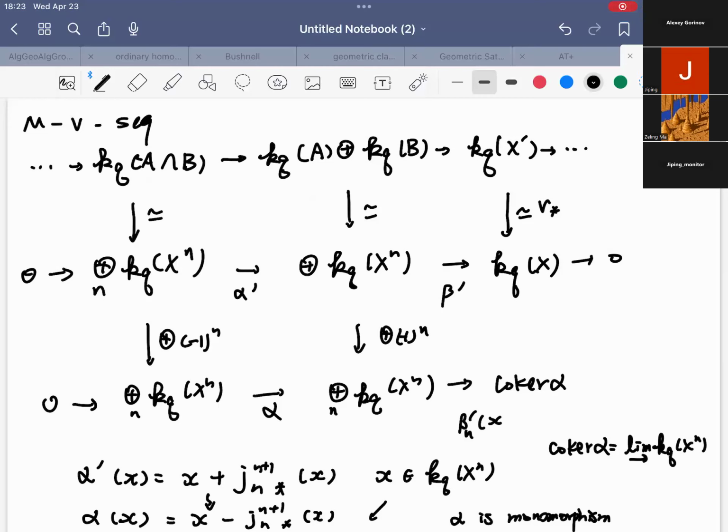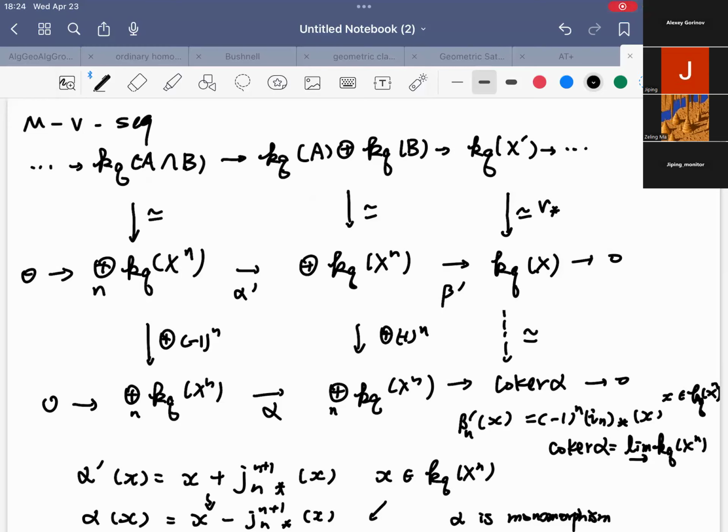Beta n prime is just minus n i_n star x for x in KQ X. So you can easily check this is also an isomorphism. So here we have an isomorphism map from KQ X to the colimit. Actually, the colimit is just the definition of the direct limit of KQ X_N.